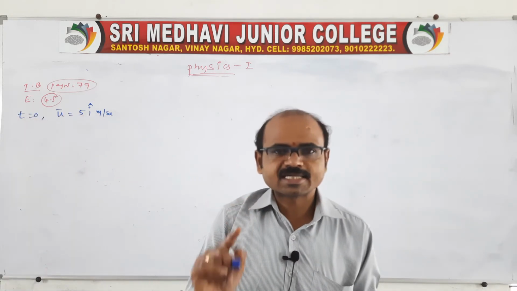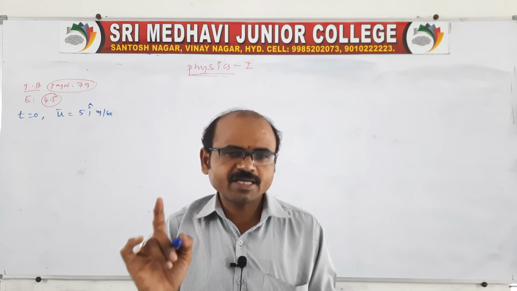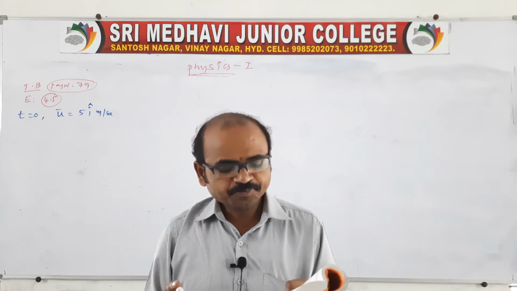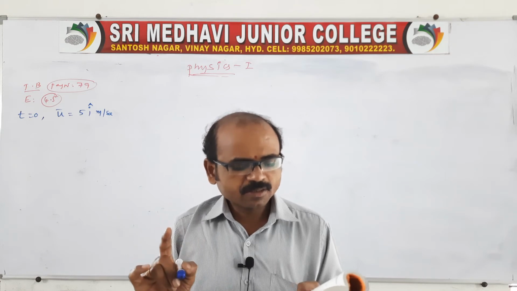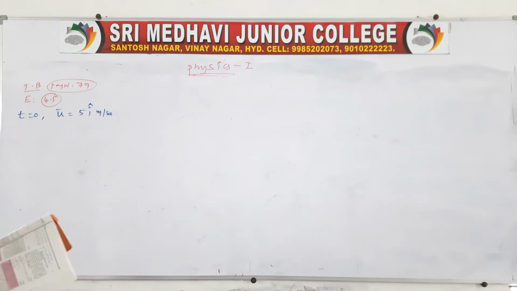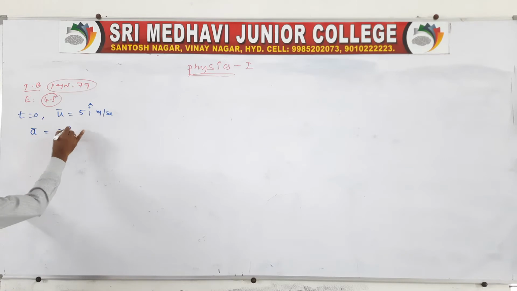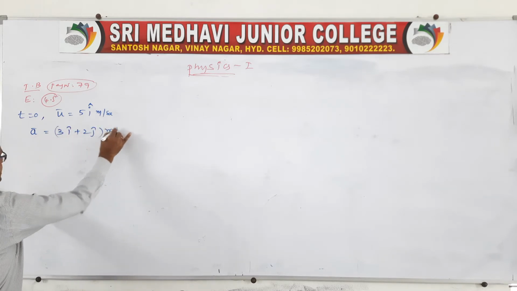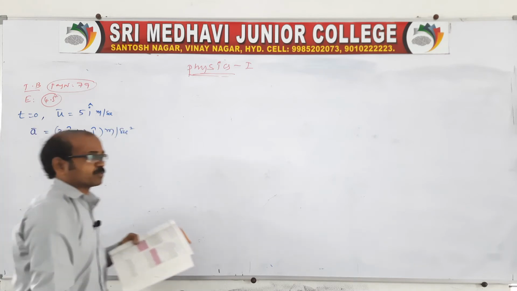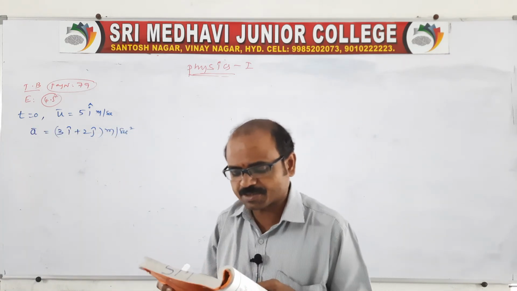The particle starts at time t is equal to 0 with a velocity 5 i cap meter per second in the xy plane. Under the action of a force it produces a constant acceleration, that is 3 i cap plus 2 j cap meter per second square. Remember, it is related to constant velocity and constant acceleration.